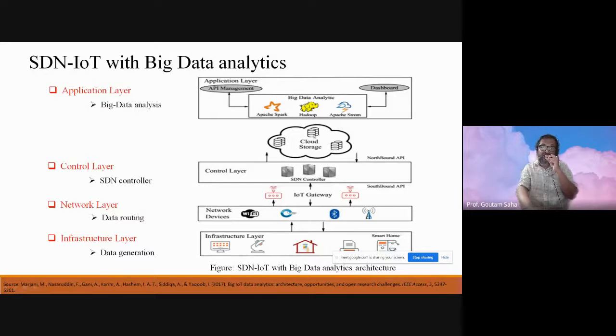And this is cloud storage. The controller's purpose is routing, to assign the right path. That means the flow table. It helps recalculate and devise the flow table for giving the routing.